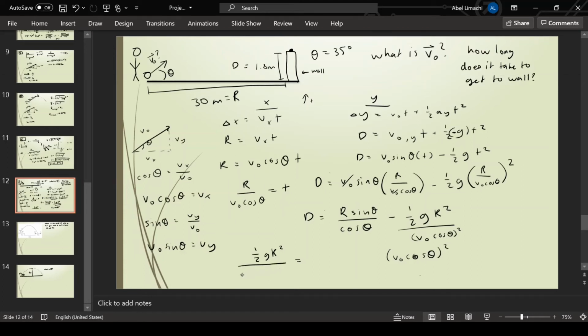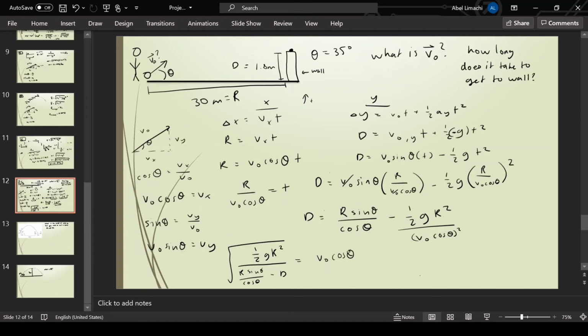Okay, r sine theta over cosine theta minus d is equal to v initial cosine theta squared. You square root both sides, so you finally get this.